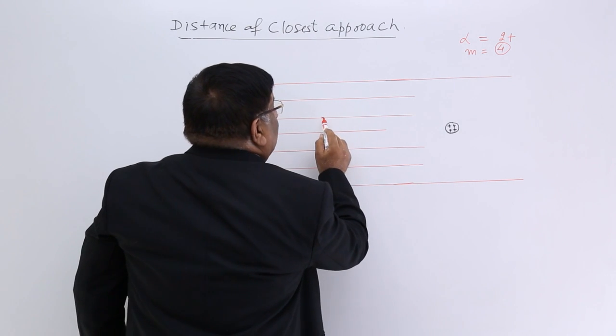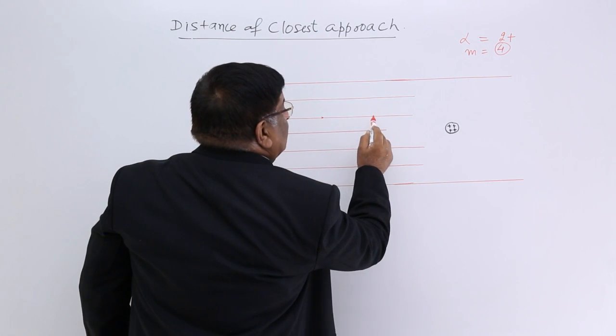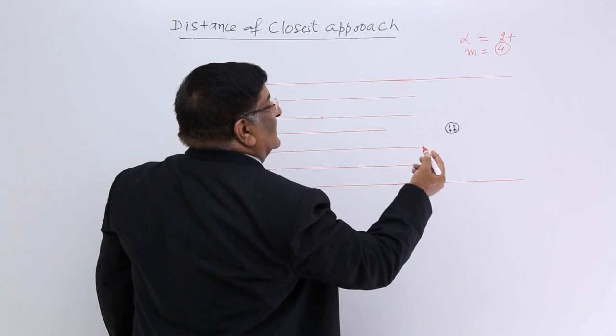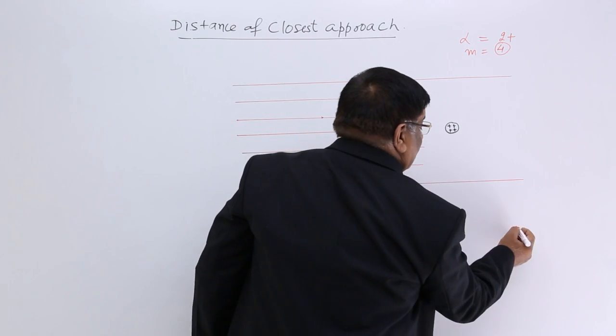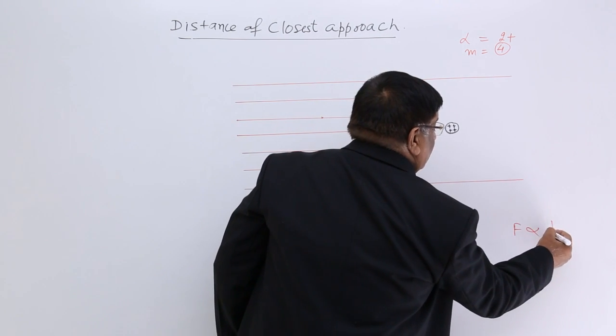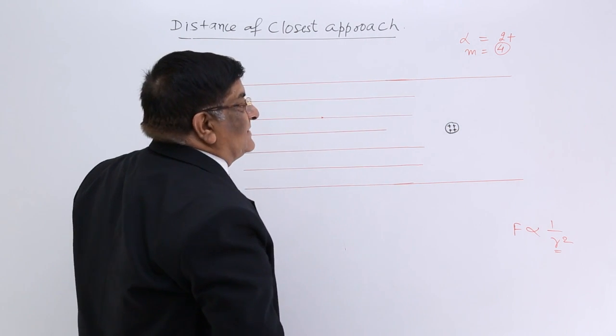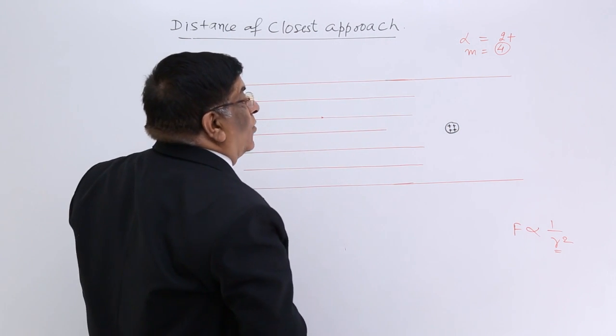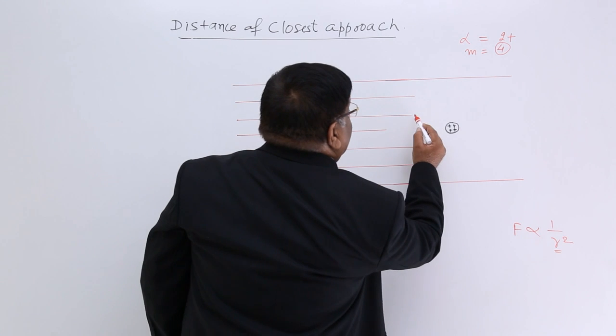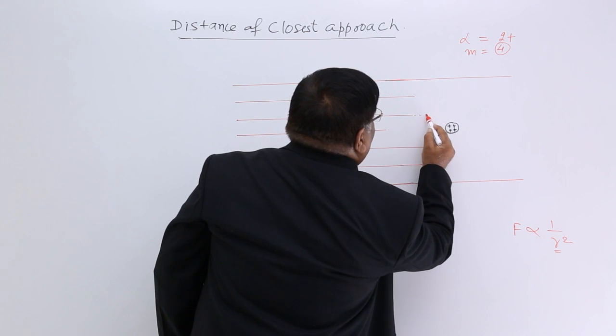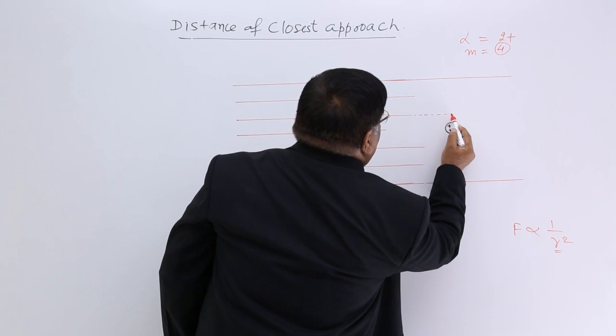Now, as it comes closer to it, the force goes on increasing, because we know the formula, force is proportional to 1 upon r square. If r is decreasing, the force will go on increasing, and you see this is the line from where it is supposed to pass.